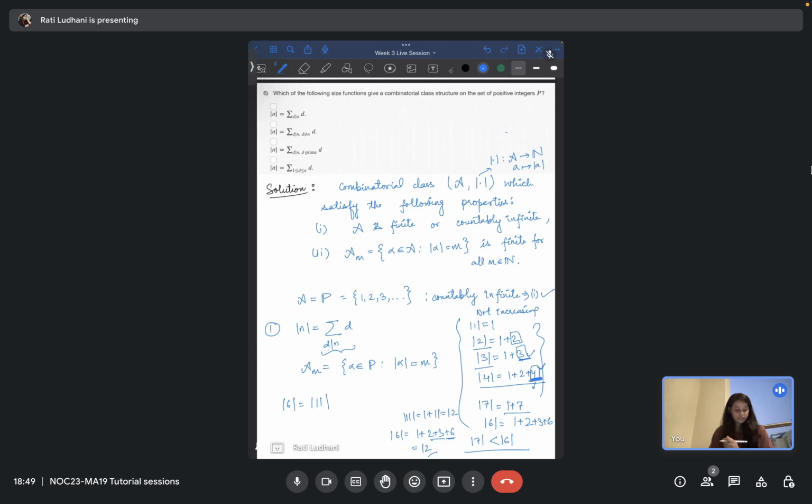Now what can you say about how many numbers are going to be in this part? What will be your A_m, for example A_12? It is bigger than or equal to 2. So at least you have 6 and 11 with size equal to 12.